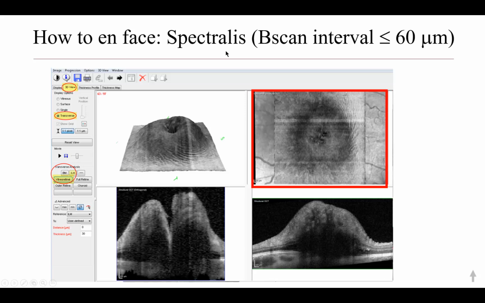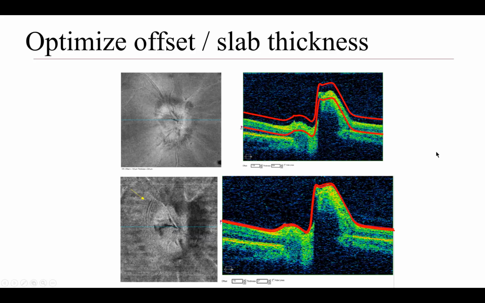In the Spectralis, you're going to get a volume scan and go to the 3D tab, click Transverse, ILM, or vitreoretinal, and you'll look at the image in the upper right. The interval has to be less than or equal to 60 microns. In order to see folds, you must, especially in the Cirrus, optimize the offset and slab thickness.